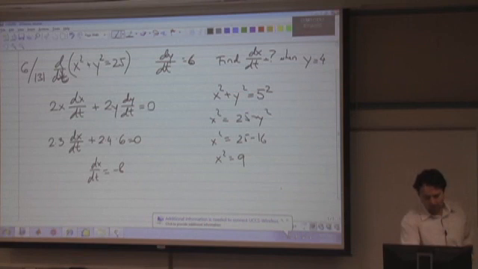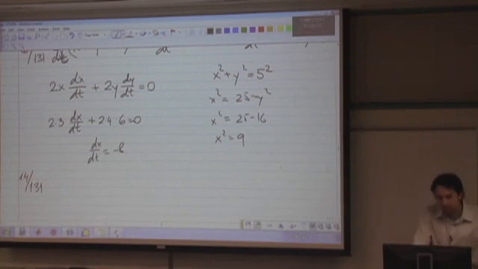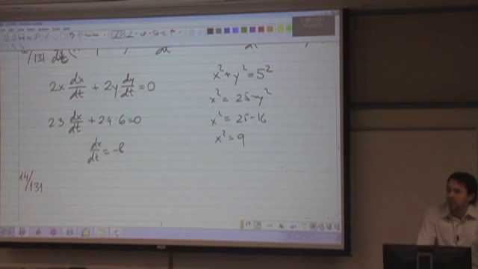Okay. So 14 says the following. And remember what I told you about these types of problems. Basically, the most difficult part is to actually get to the equation that relates all the terms together. Because once you get there, all you have to do is implicit differentiation and plug in all the values you know.